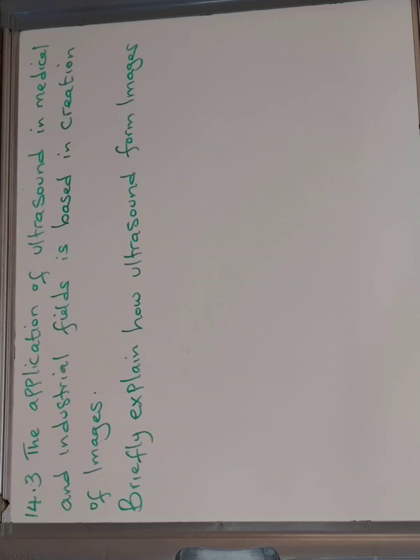So when ultrasound is bombarded onto such a material, there are various degrees of reflection, and those reflected ultrasound waves are gathered to form an image. So that is briefly how ultrasound forms images. It is based on the density of materials. Let us put that down.